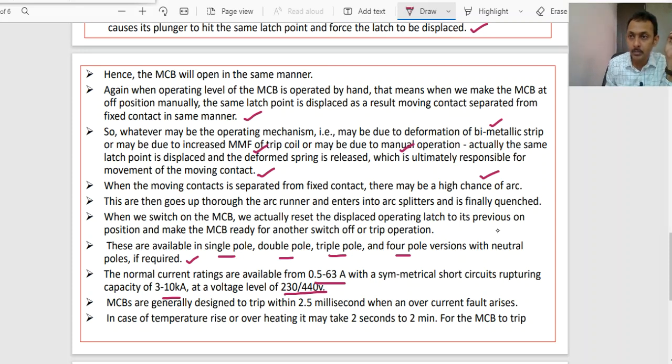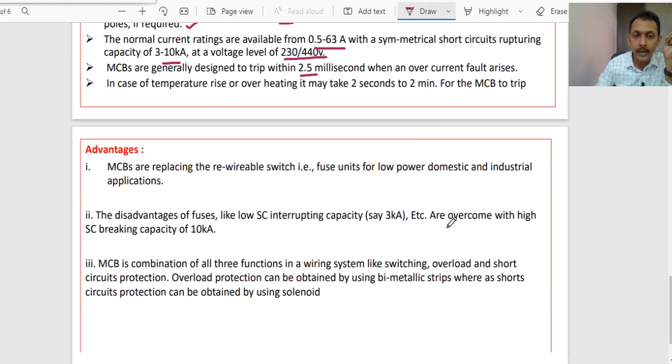These MCBs are designed to trip within 2.5 milliseconds whenever a fault current arises. In case of temperature rise or overheating, it sometimes takes 2 seconds to 2 minutes for the MCB to trip. These are the ratings and specifications of the MCB.